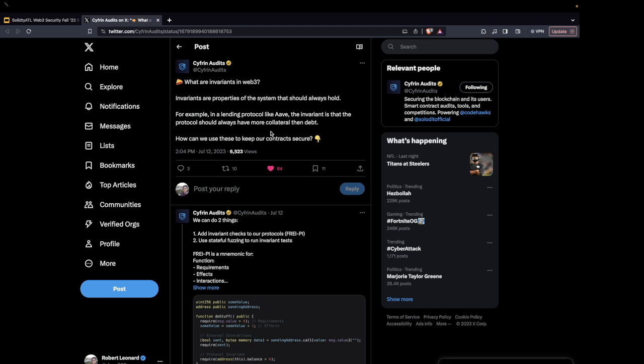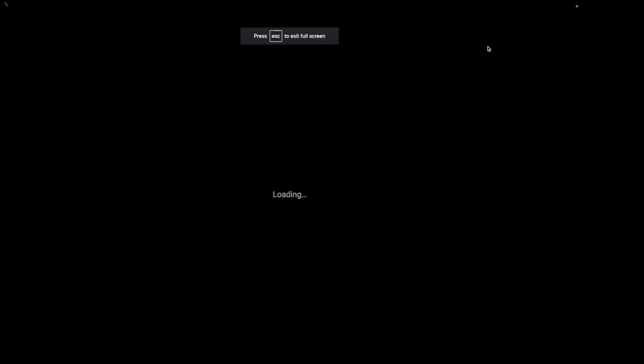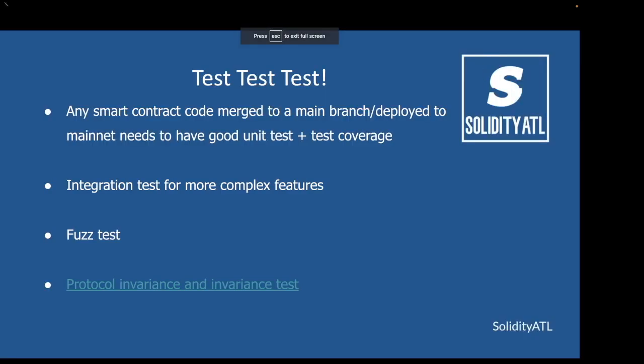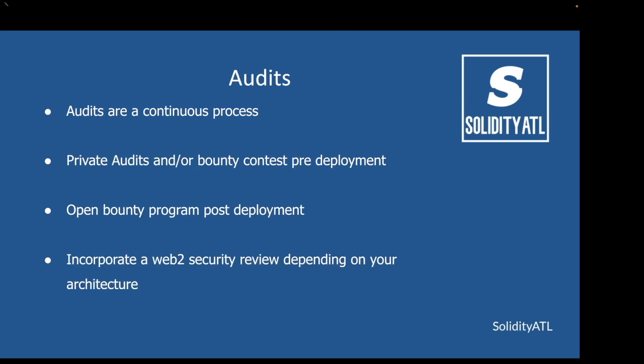That's another invariant. And a part of invariant testing is writing tests to validate those invariants. So that's another class of tests that are very powerful in making sure protocols are secure.